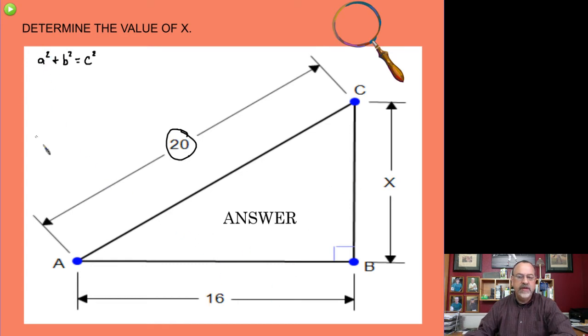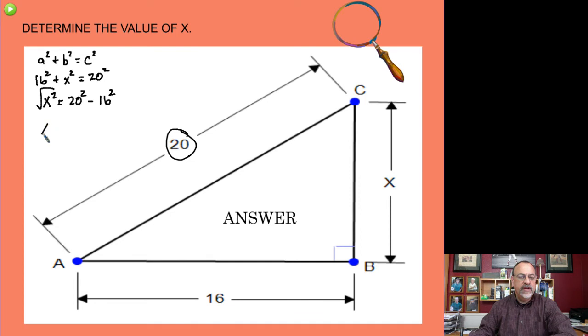So a squared can be either one of these two, so I'll put in 16 squared, and the second leg in this case is x, so 16 squared plus x squared is equal to 20 squared. Now again, I want to show you something. There's no reason to multiply 16 squared out here. Let's do all of the arithmetic and then we can do one calculation at the end, and I'll show you why. So 16 squared, whatever it is, needs to be subtracted over to the other side in order to get x by itself. So this is going to be 20 squared, whatever that is, minus 16 squared.